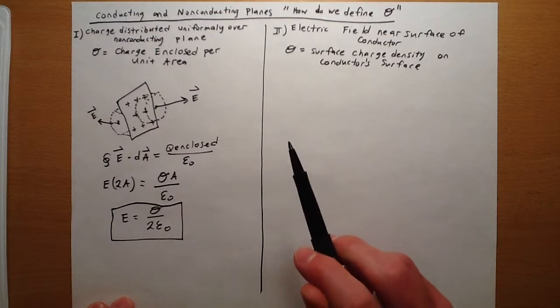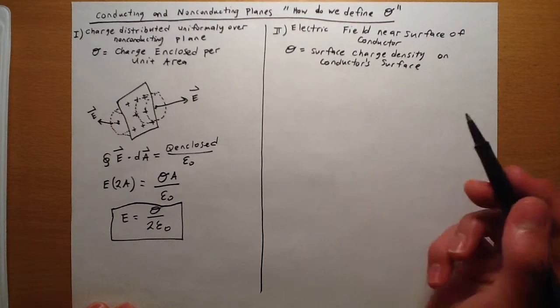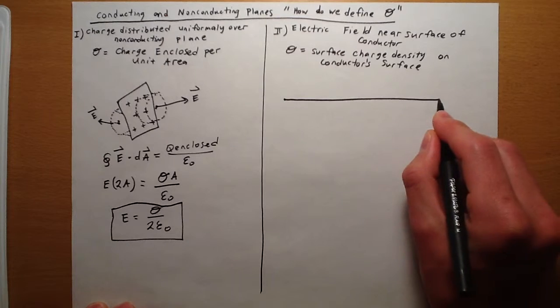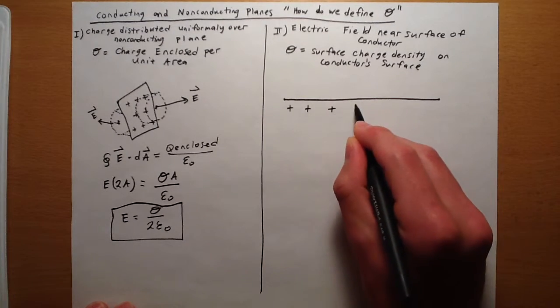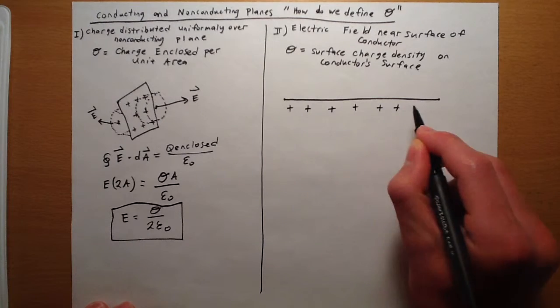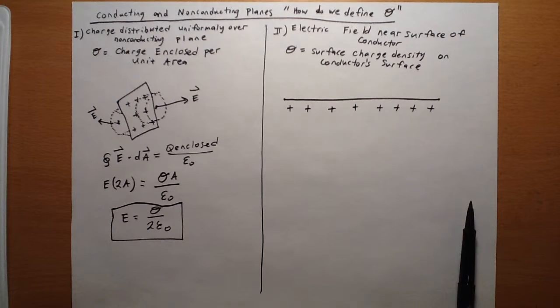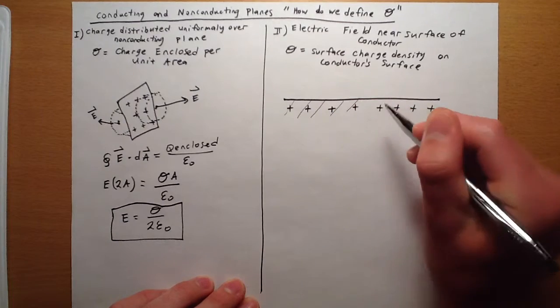Now we're going to do condition 2 with the different omega value. First, I'm going to draw the diagram. So we have the surface of a plane with positive charges along it. And we know that this is just the surface, so the plane will continue underneath it.